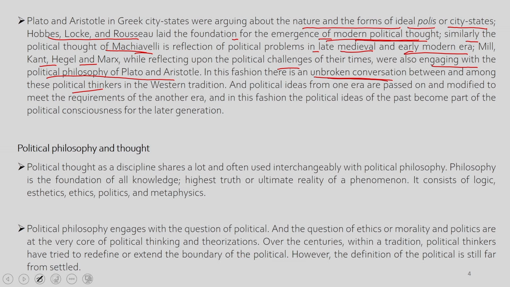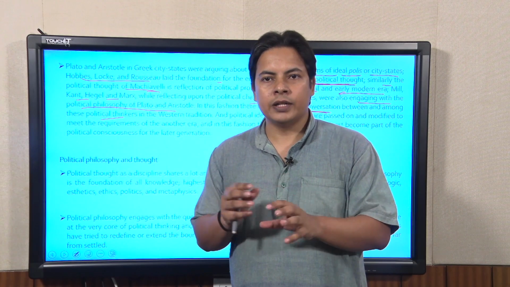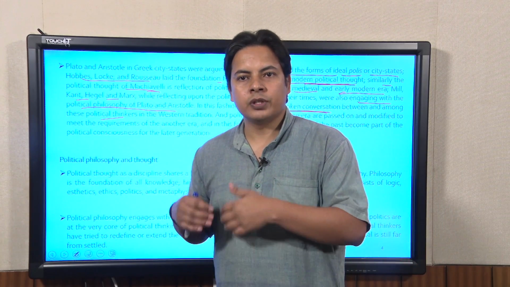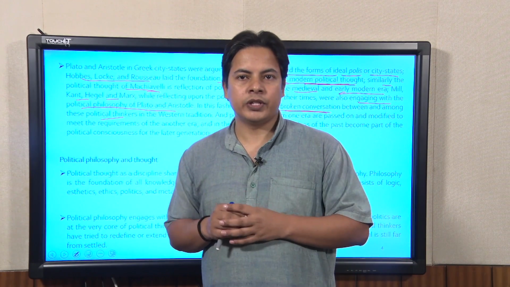So, what political treatises and theorization there is in Plato and Aristotle helps in thinking about political thought in modern times, and that is how the ideas and concepts from one generation move and shape the thinking of the next generation.